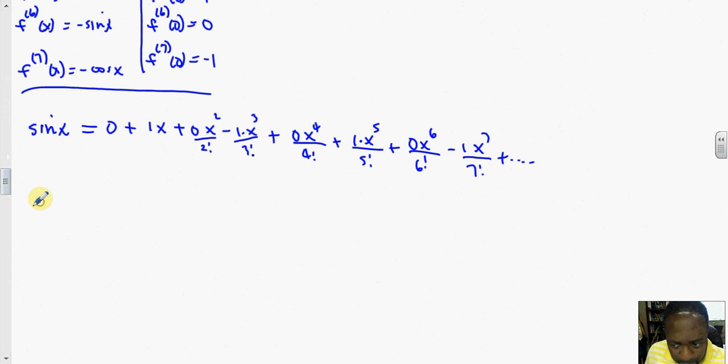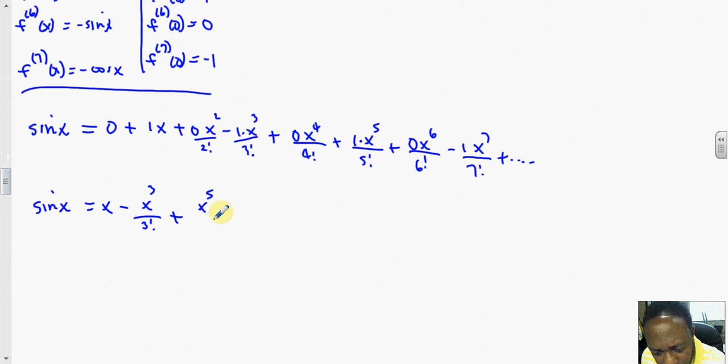Let's clean that up. This is sine x is equal to x minus x to the third over 3 factorial plus x to the fifth over 5 factorial minus x to the seventh over 7 factorial. See where it's going? So now the next one will be plus, odd terms, right?